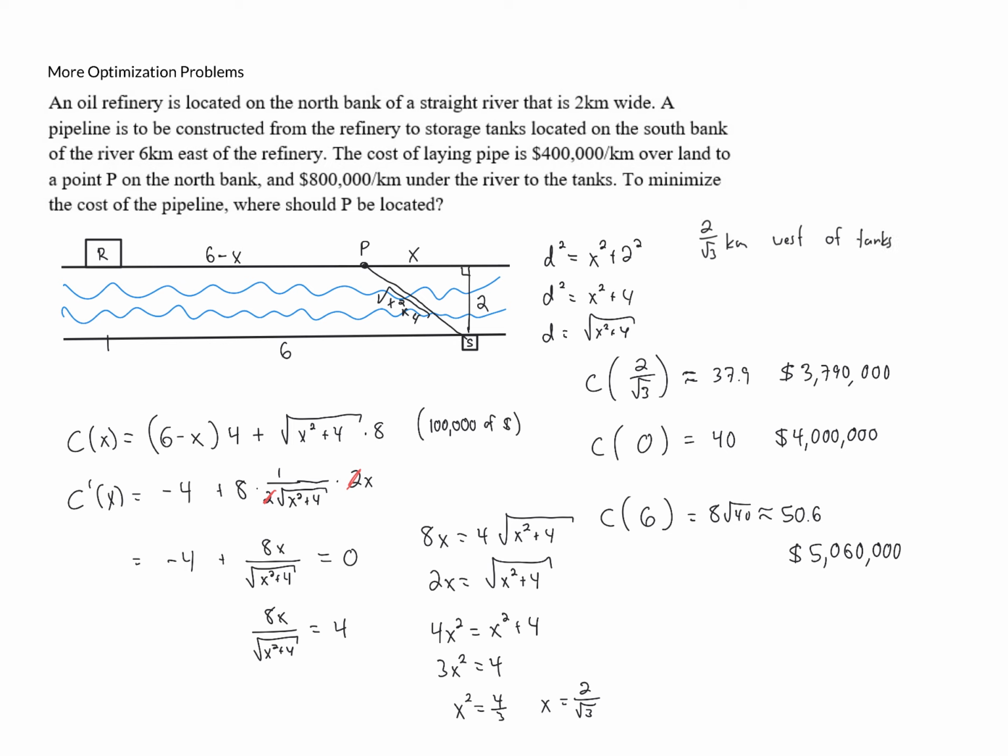And that is approximately equal to 1.15 kilometers west of the tanks. So that would save us about $200,000 from the option if we just go all the way straight across and then cross the river right at the storage tanks.